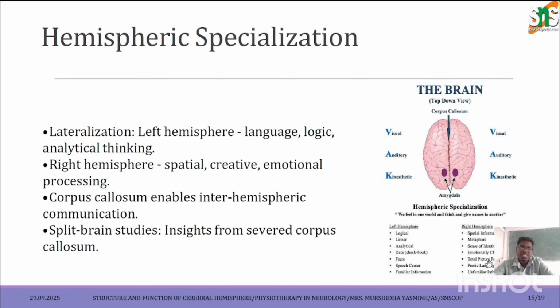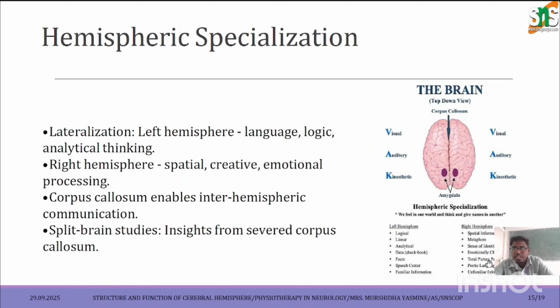Next, we're going to see about hemispheric specialization. Lateralization: the left hemisphere mainly helps with language, logic, and analytical thinking. The right hemisphere mainly helps with spatial thinking, creative, emotional, and processing activities. The corpus callosum enables interhemispheric communication, and split brain studies provide insights from severed corpus callosums.